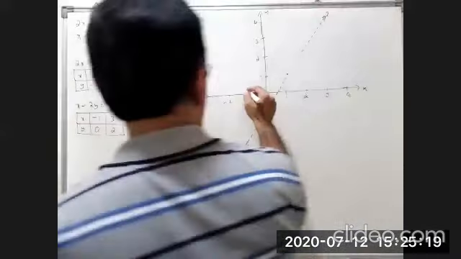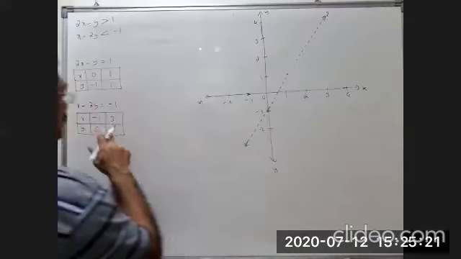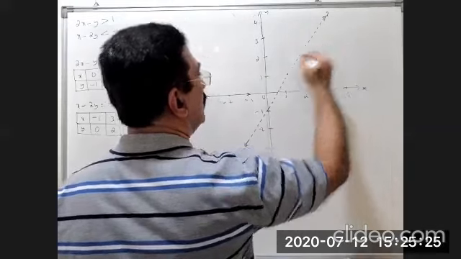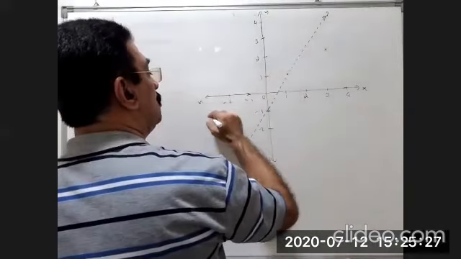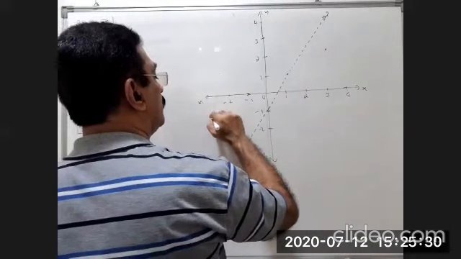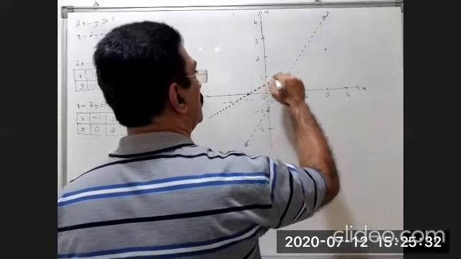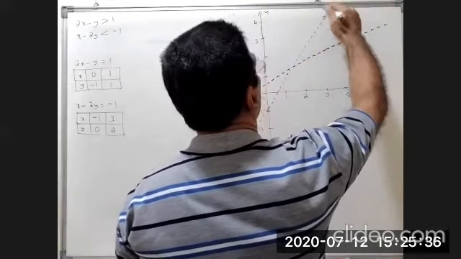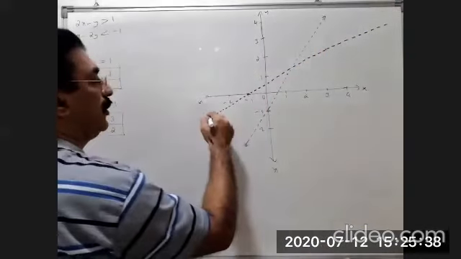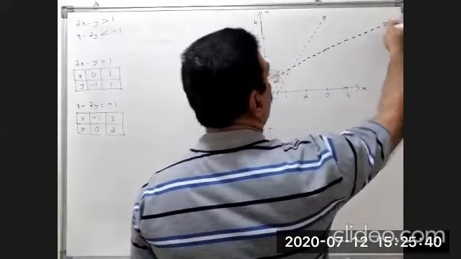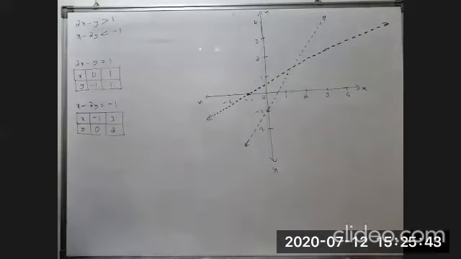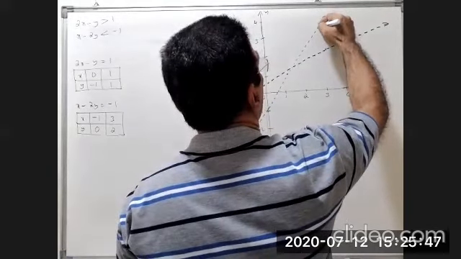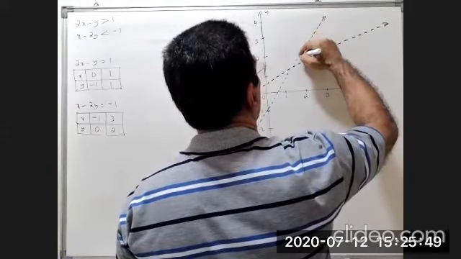Minus 1, 0 is here. 3, 2 is here. A line passing through, again, dotted lines. Both are dotted lines, please remember. We cannot draw straight lines, only dotted lines. The reason is it means strict inequality.